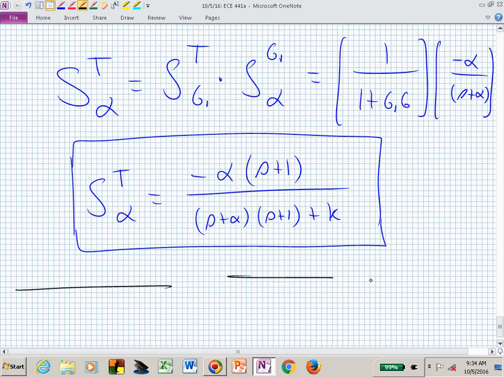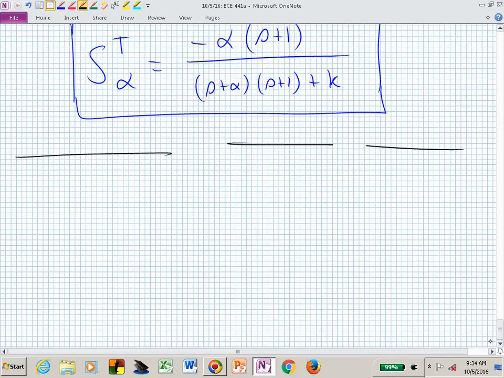Let's now look at another formula for trying to find the sensitivity of t with respect to alpha.